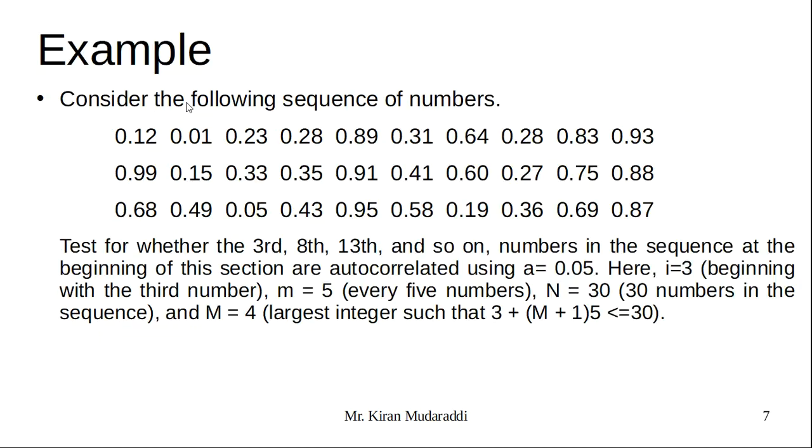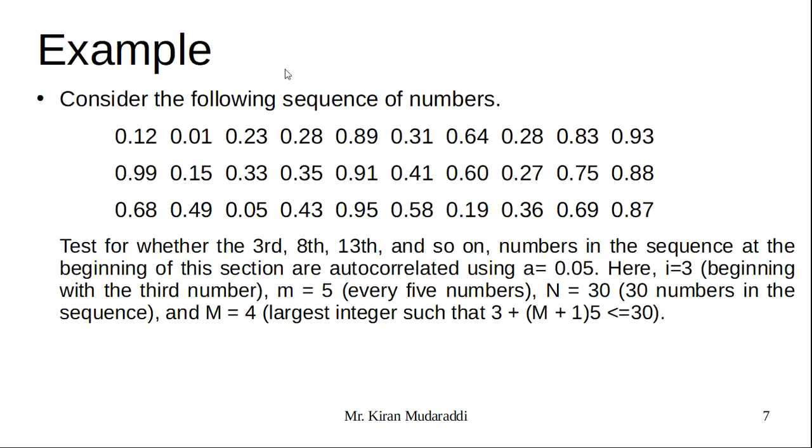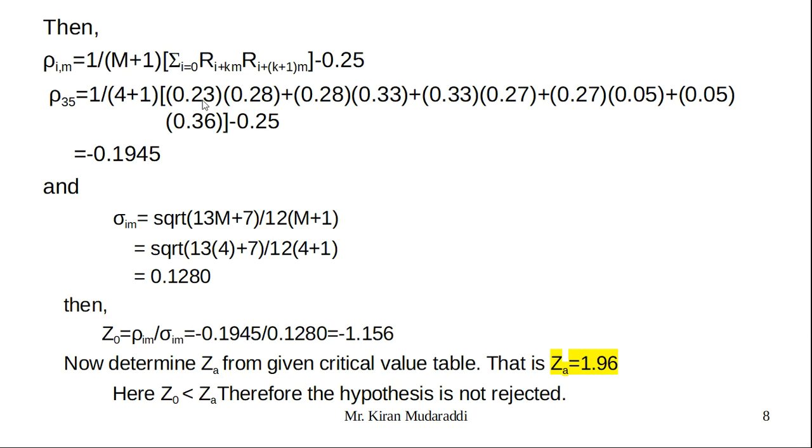The third number is 0.23, so I'm going to take 0.23 into the next number, k plus 1. The difference is 5, so I take the next fifth number: 1, 2, 3, 4 and 5, the fifth number is 28.